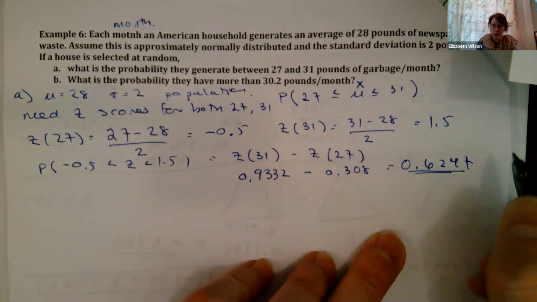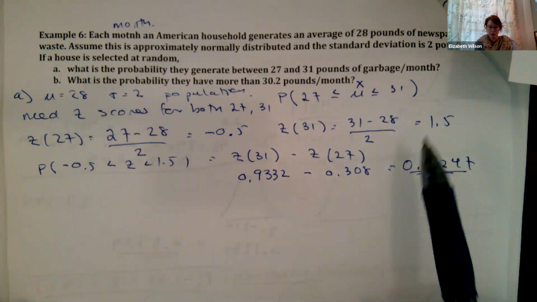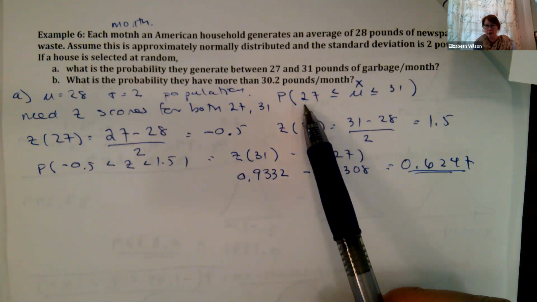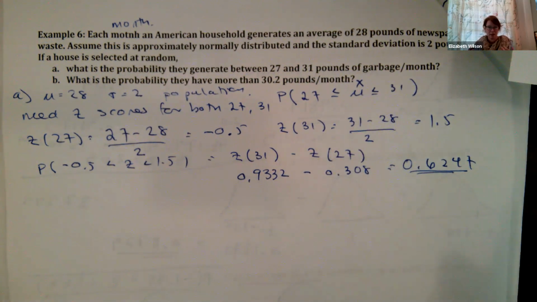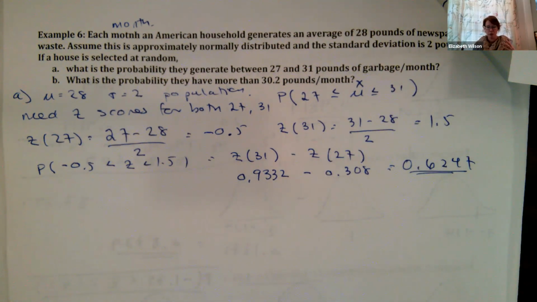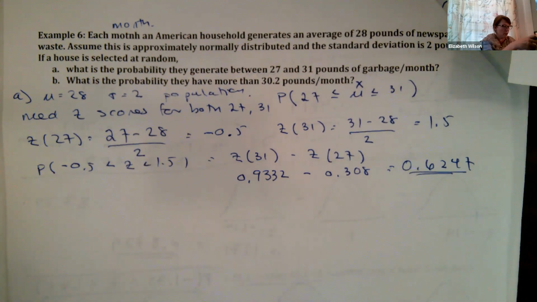This is our probability that the person is producing between 27 and 31 pounds of newspaper waste per month. So you have a 62.4% chance that the house selected at random is producing within this range of values. You can leave it as a probability or you can put it as a percentage if you want.